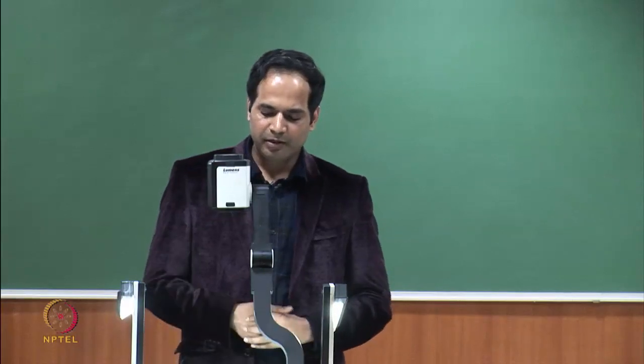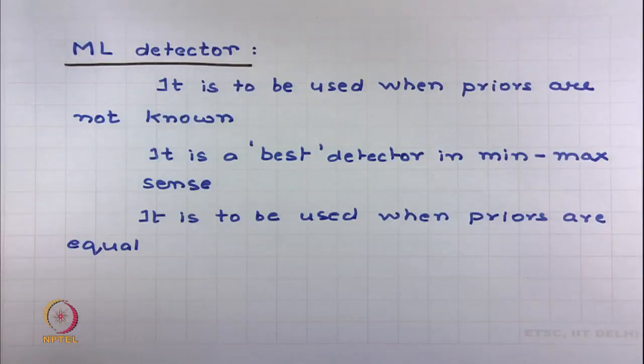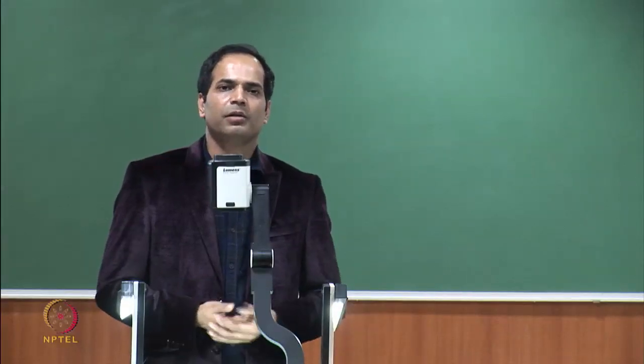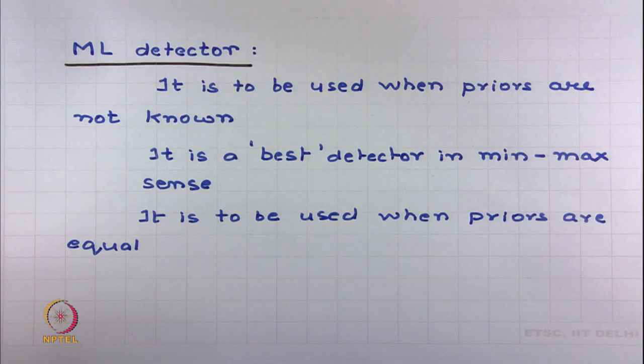So, the ML detector is to be used when these priors are equal, or it can also be used when these priors are not known. Sometimes you do not have the probabilistic model of the source. What do you do then? Then you choose an ML detector because you do not know the priors, and it is also the best detector in the minmax sense.